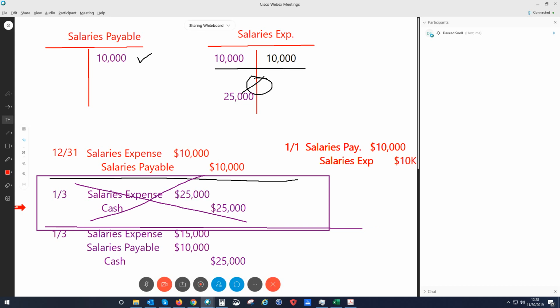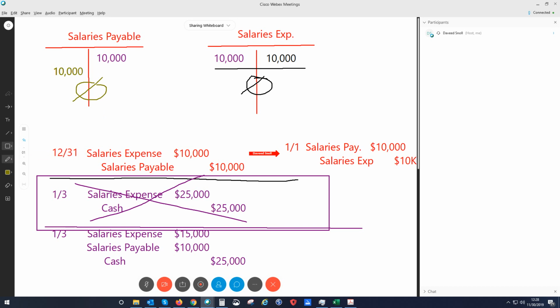Okay. So then when we post this, and I'm going to get rid of this 25,000 because the 25 is not there, right? So now when we post this on 1-1, and let me use another color here. When we post this on 1-1, there's the $10,000 credit to salaries payable, right? Making that 0 now.